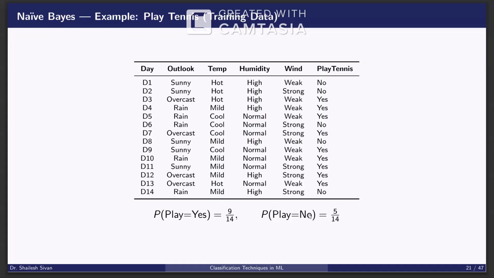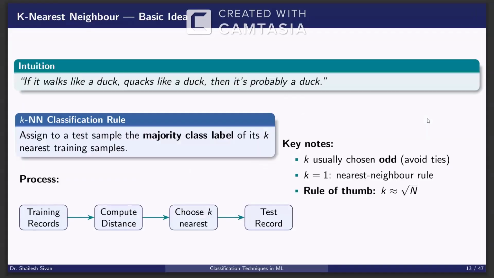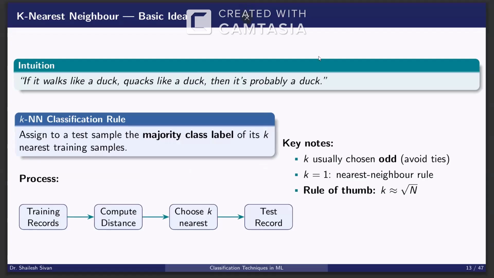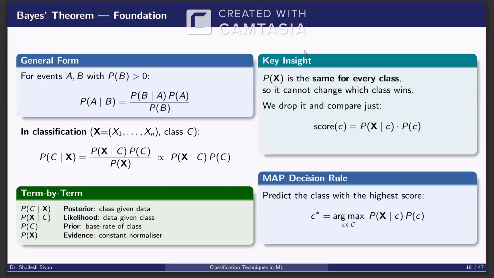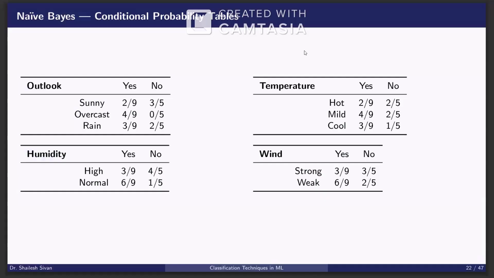For the outlook, we have three possible values, and for each value, the target can be either yes or no. So we have to calculate the conditional probabilities.